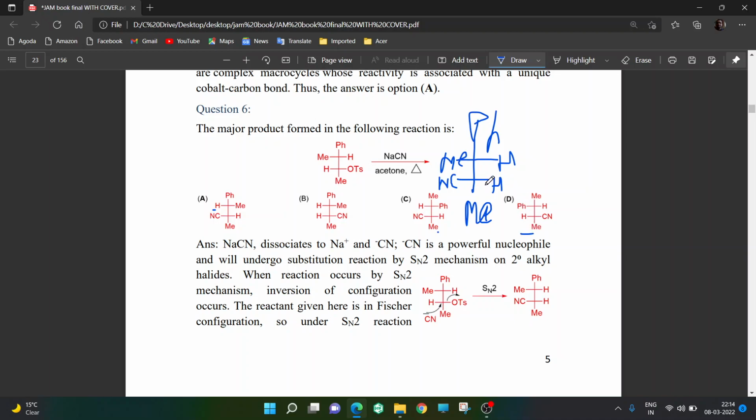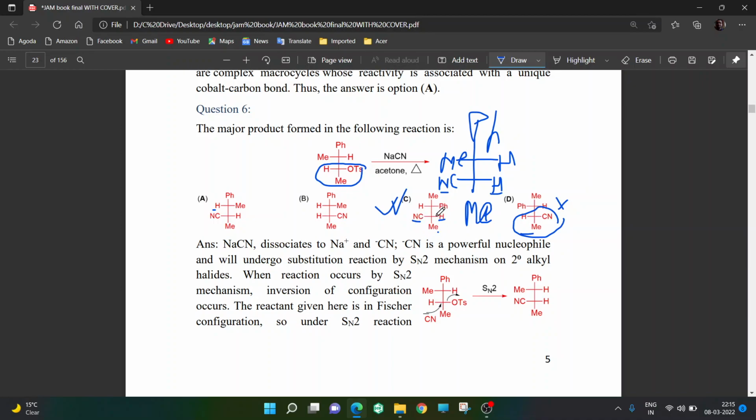And then H is on the right side, CN is on the left side. So here the configuration is the same as the reactant, but OTs leaves, and if you get the same configuration, that means something is wrong. So this does not look like the right answer. C looks like the right answer to me, but let us confirm it.